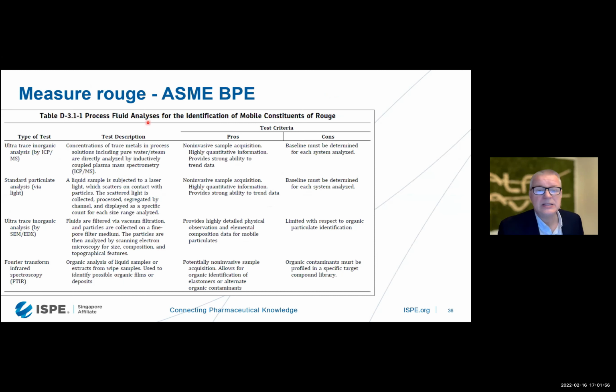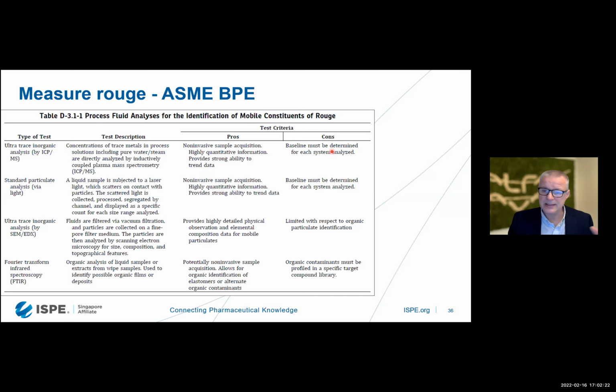You can say in general, the process fluid analysis is a non-invasive type, because you're actually measuring the water. So all of these are non-invasive. But the con is more that can you really measure in the water how much rouge you have on the surface area.